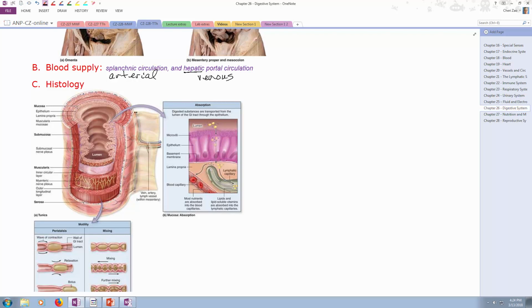All of that material is going to go to the liver so it can detoxify our poisons and then repackage the nutrients that can be then moved around in the circulation for our cells to actually feed off of. And so the liver is very vital in this, and our blood will first go to it for processing, and then from the liver it will go through little hepatic veins right into the inferior vena cava.